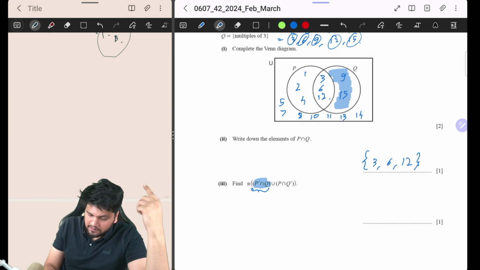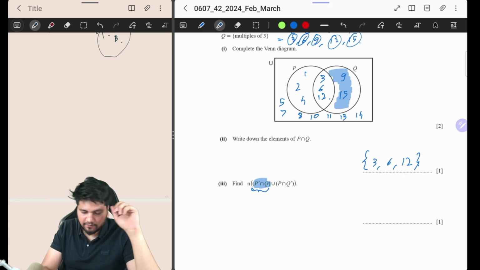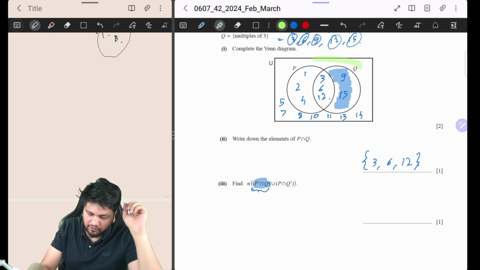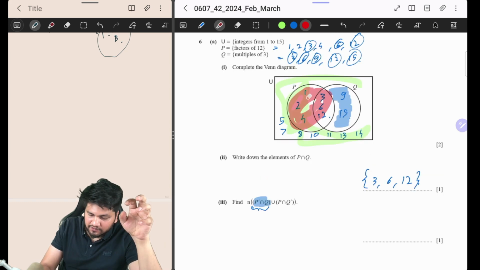Correct? Now, again, I want P and Q complement. Whenever I see Q complement, it's going to be the whole region of Q complement, including this. But when I say P, I want P as well. So P would be this region. What is common between them? That green and red together. So it's going to be this region. So this would be that.